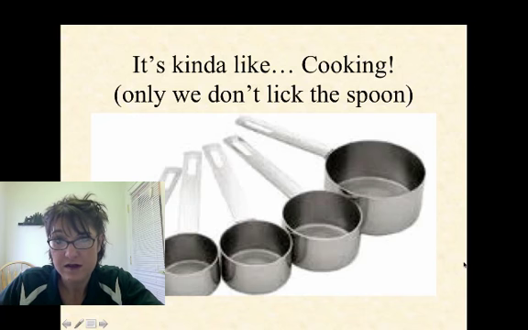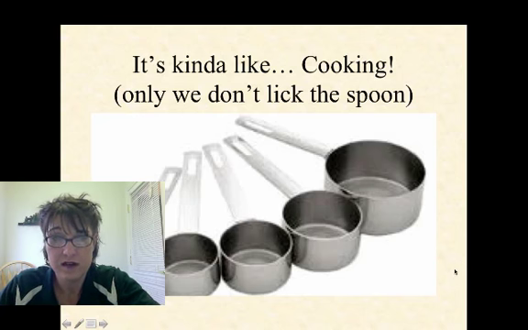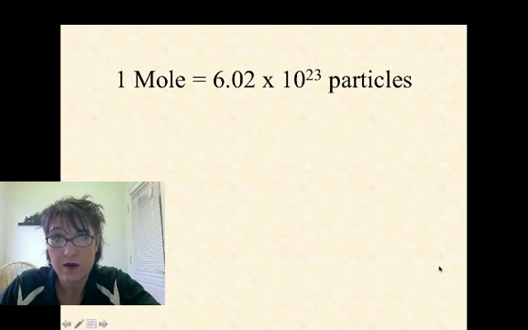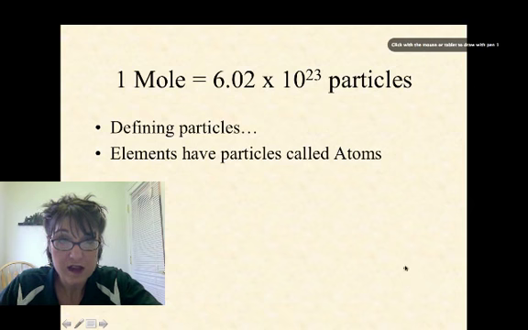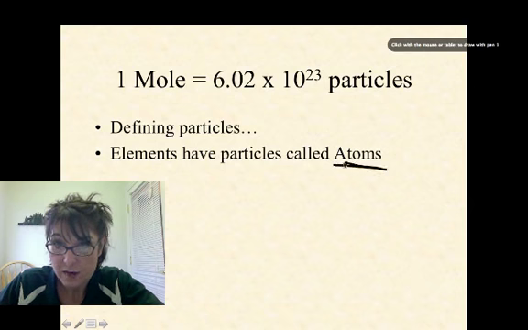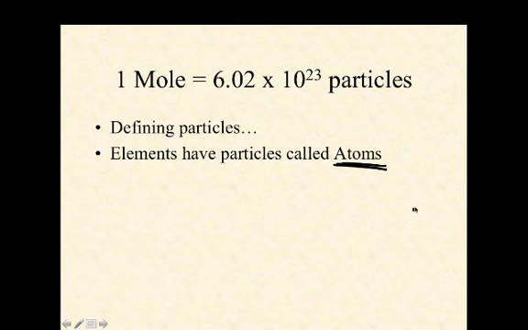So in chemistry, a mole is like a measuring cup. So it's kind of like cooking, only in chemistry we don't lick the spoon. Not a good idea. So let me show you how we use this. If 1 mole is equal to 6.02 times 10 to the 23rd particles, then we've got to define what we mean by particle. Not all particles are the same. You see, elements have particles that are called atoms, and atoms in an element all have to be exactly alike, right?